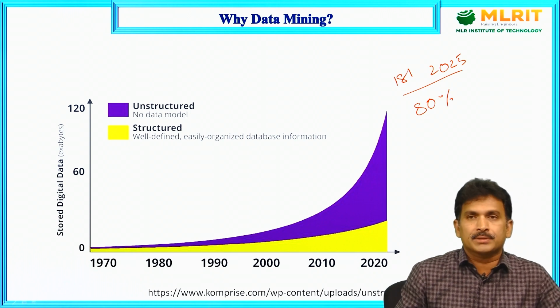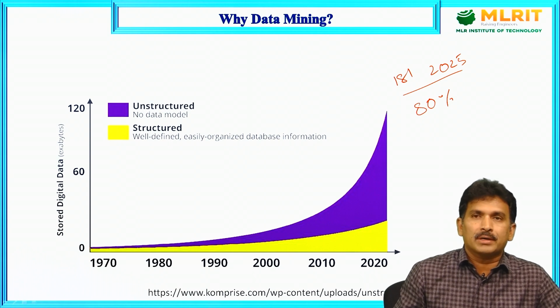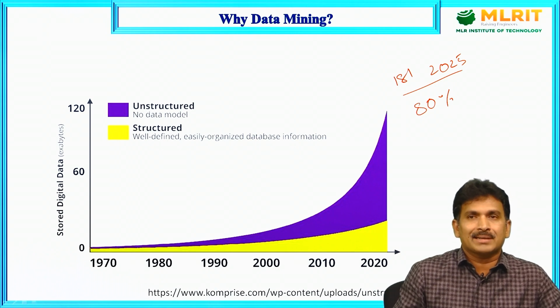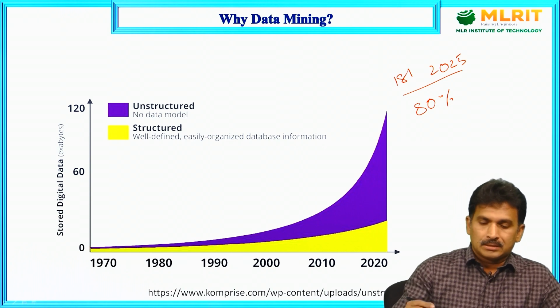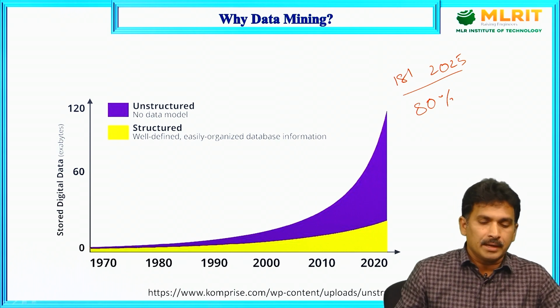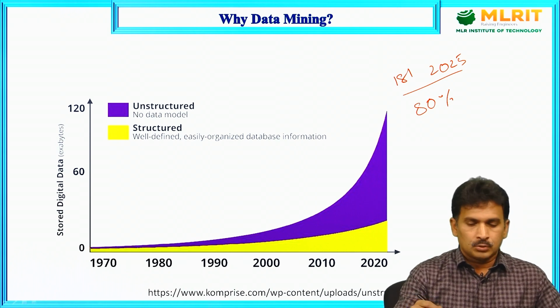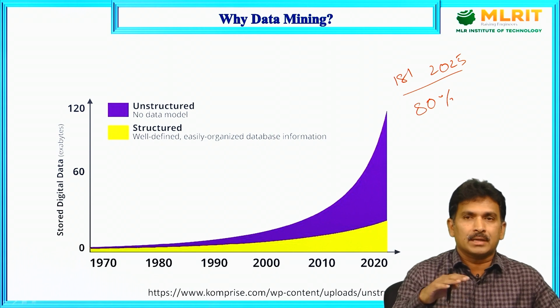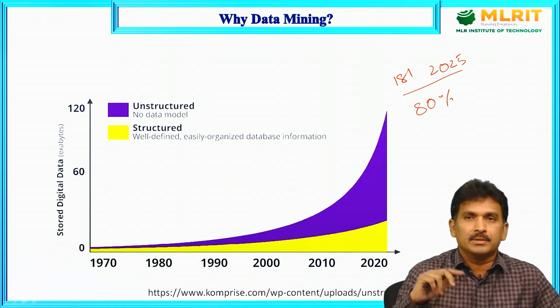What do you mean by unstructured data? We cannot directly apply any kind of analysis or any algorithms. A lot of pre-processing needs to be done to convert the data from a raw or unstructured format into a structured format.